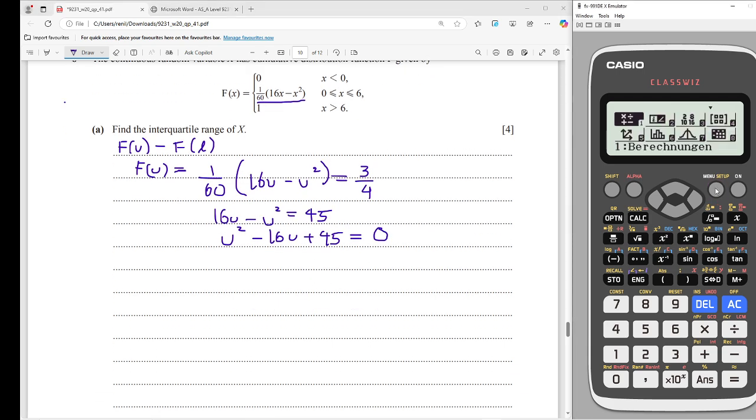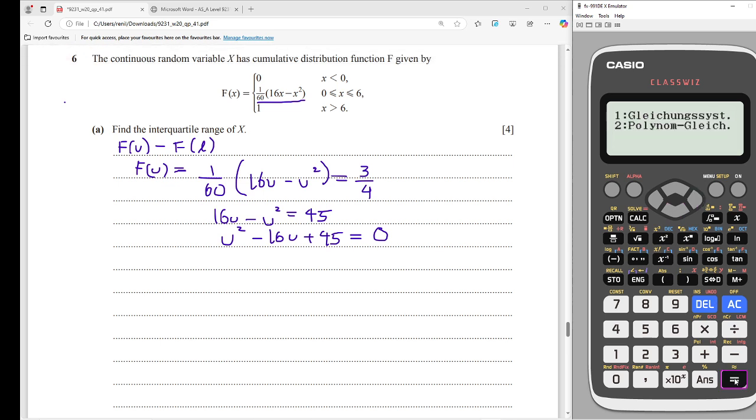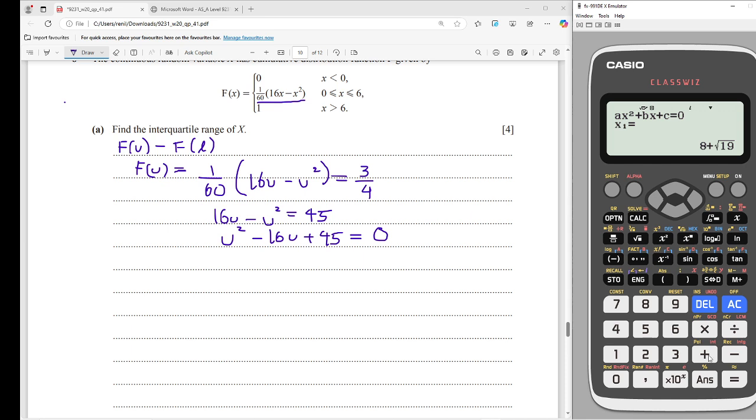Now instead of using the quadratic formula, we can just go to the calculator. It will show equation slash function, and over here we're going to go for polynomial with degree 2, and we just enter our coefficients. We have 8 plus root 19, 8 minus root 19. Which one do we choose?